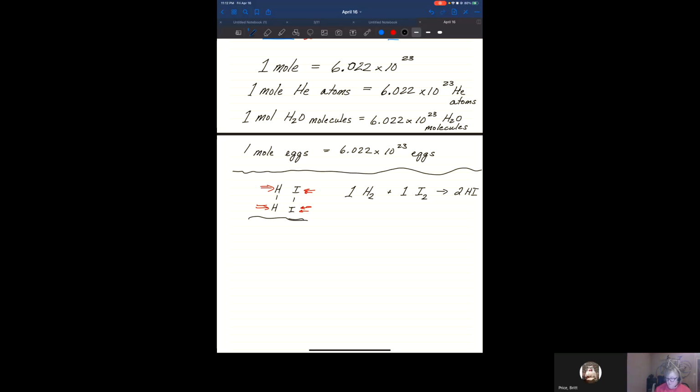I need a way to know how many I2 and how many H2 I have in my container when I start to react them. So if I have 10 I2 molecules, how many H2 molecules do I need to put in there to get them to react totally? Well, I need to put 5 in.